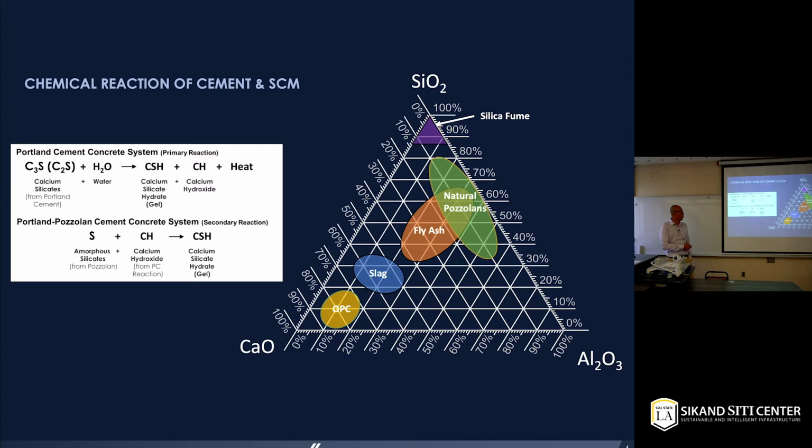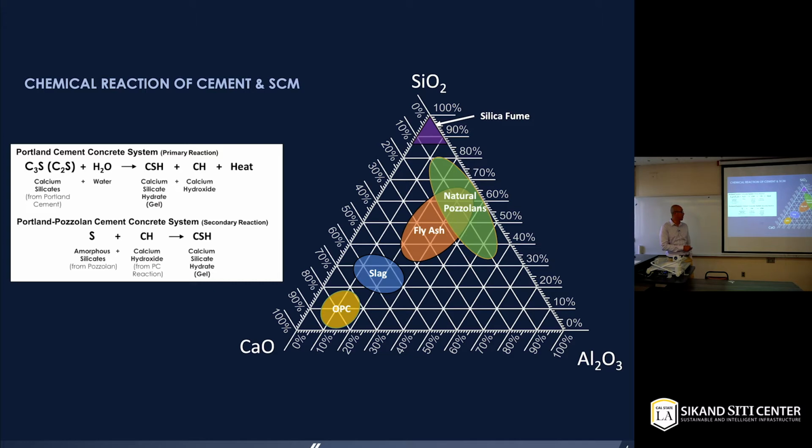So what we really need is the silicate. The silicate can react with the bad stuff, the CH calcium hydroxide, and form the good stuff, helping concrete gain more strength. As you can see, slag is closer to conventional Portland cement.